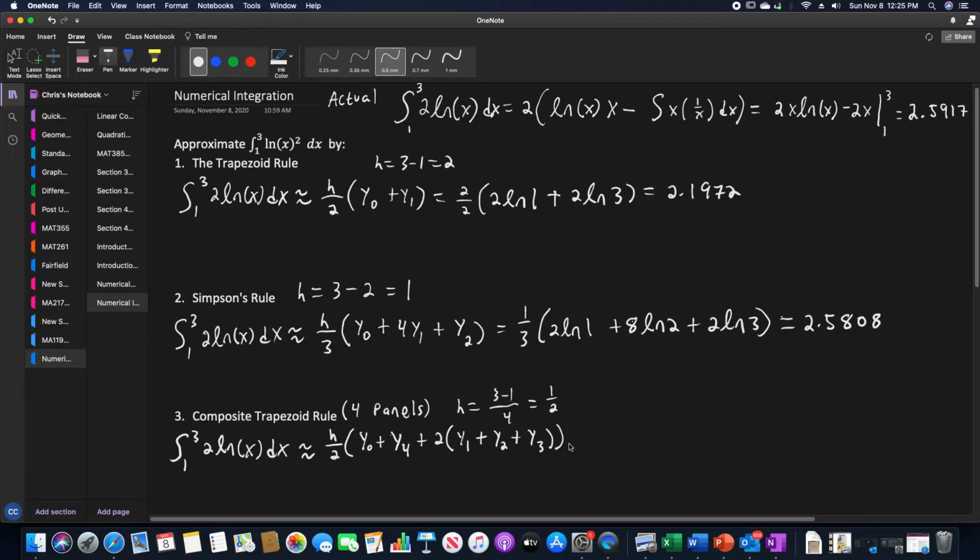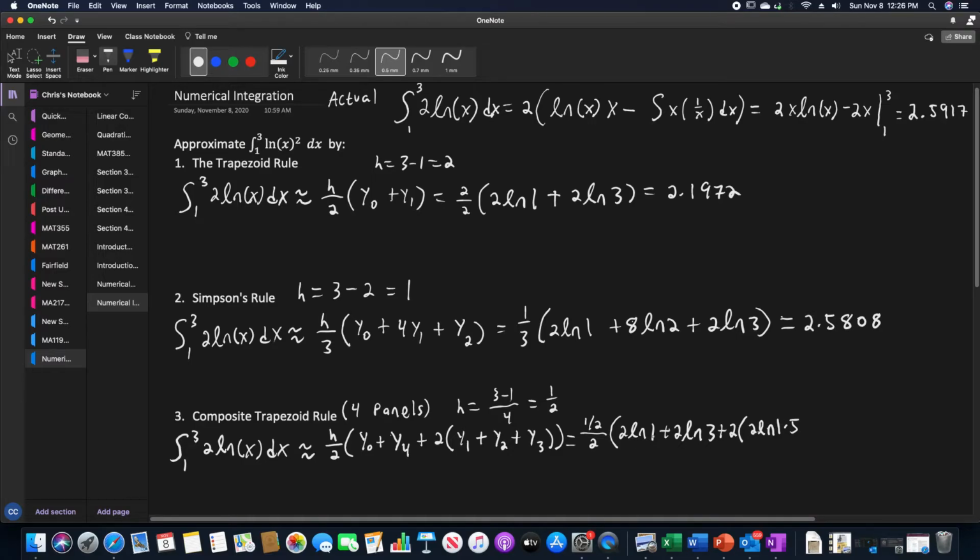So just to write what this is going to be: 1/2 divided by 2 times 2 times the natural log of 1 plus 2 times the natural log of 3, plus 2 times 2 times the natural log of 1.5.